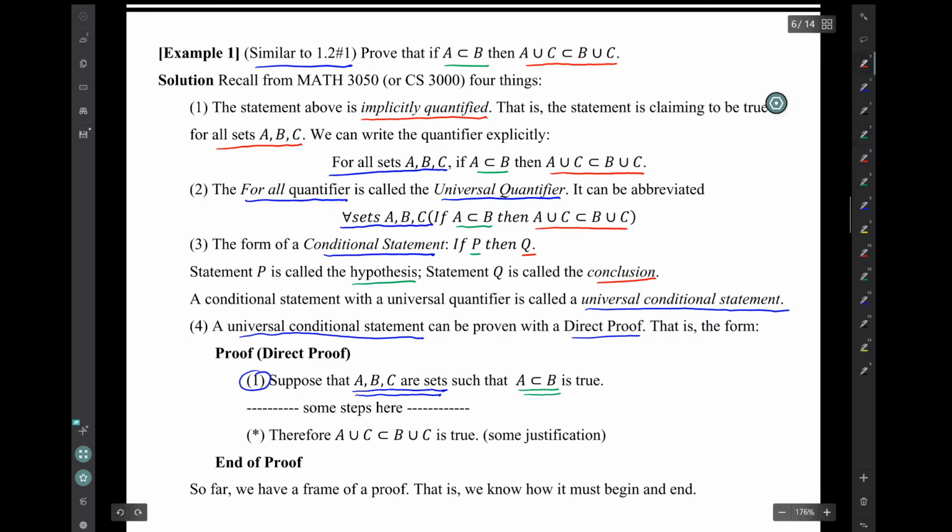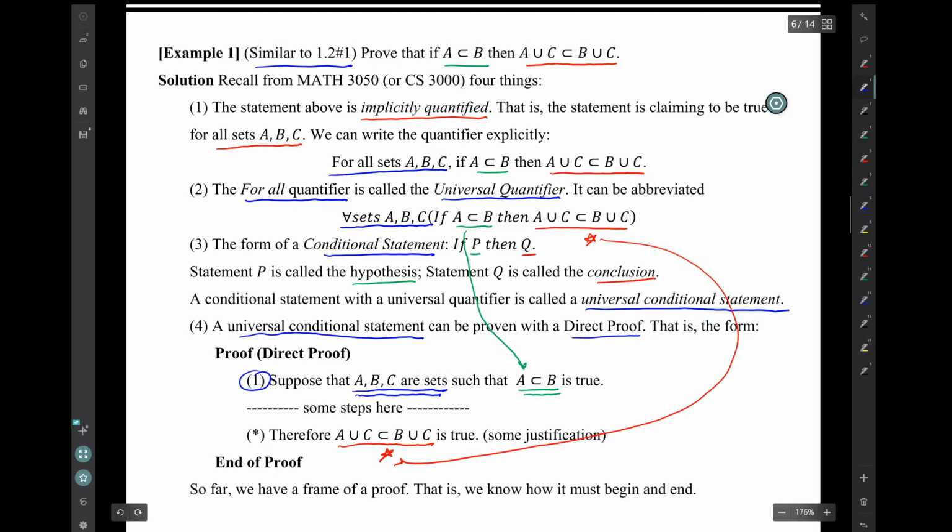Now the proof ends with, therefore, A union C is a subset of B union C. So you end with the conclusion of the universal conditional statement. It gets put down at the very end of the proof. There's the hypothesis of the universal conditional statement put in line 1 of the proof.